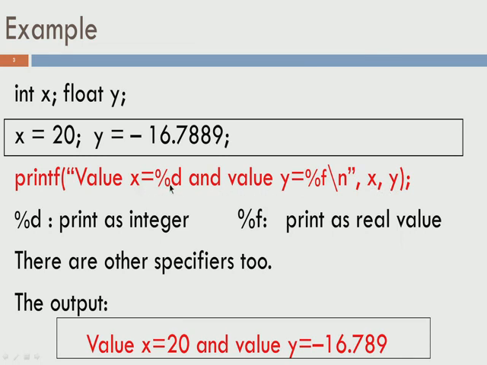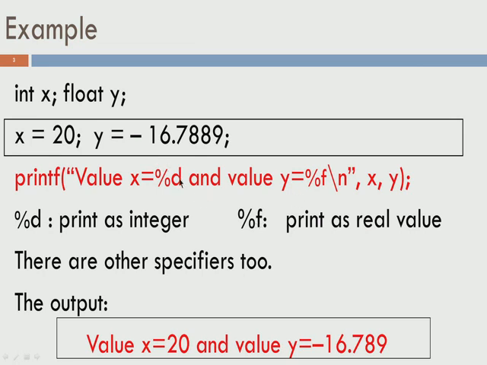And when you look at this one, there is the string value, space, x, equal to, and then there is something called %d, and then there is some other string up to here, %f backslash n. So, %d says that whatever variable it is going to get, it should print it as an integer, and %f indicates that whatever it is going to get as a variable, it is supposed to be printed as a real value.